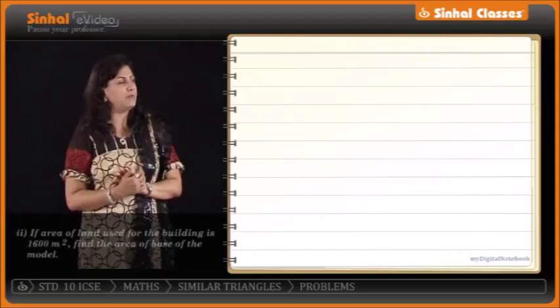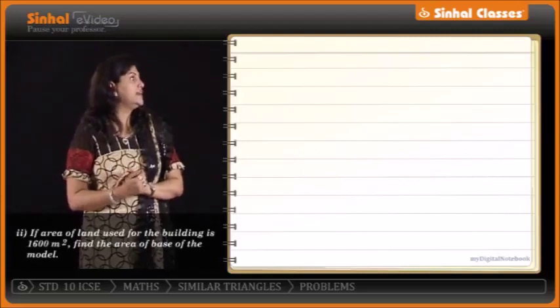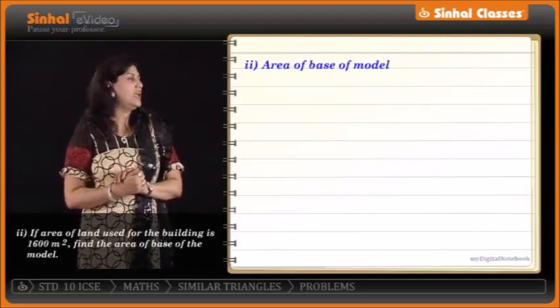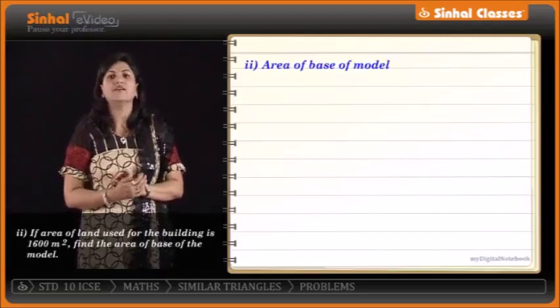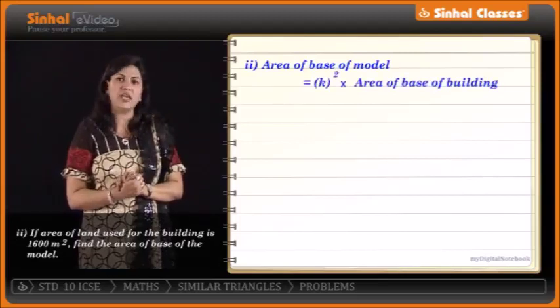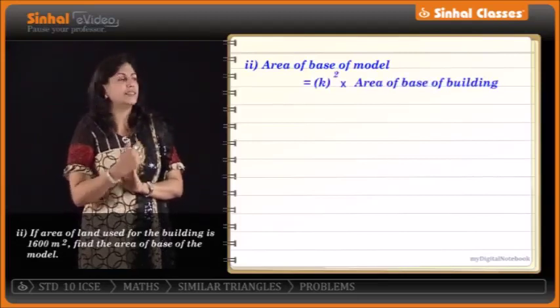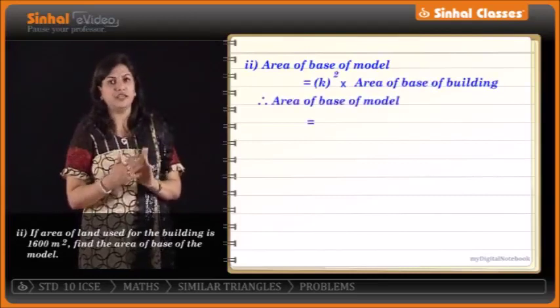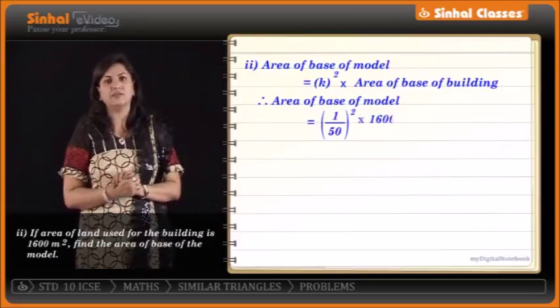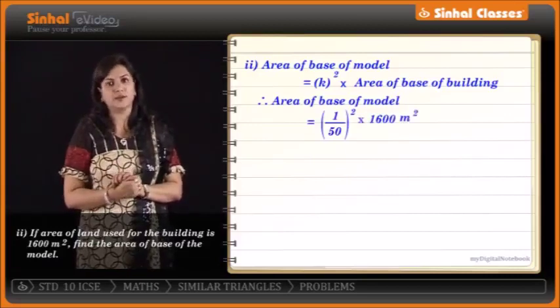Now for the second part, we want to find the area of the base of the model. Now area of the base of the model will be K square times area of the base of the building. That is 1/50 the whole square into 1600 meters square, because we are given area of the base of the building as 1600 meters square.